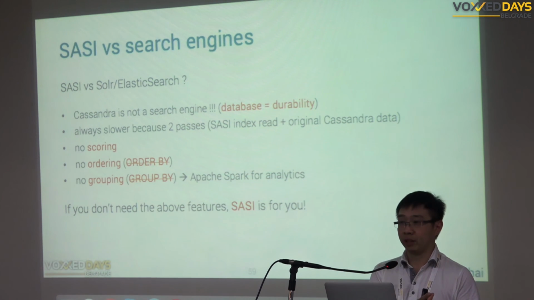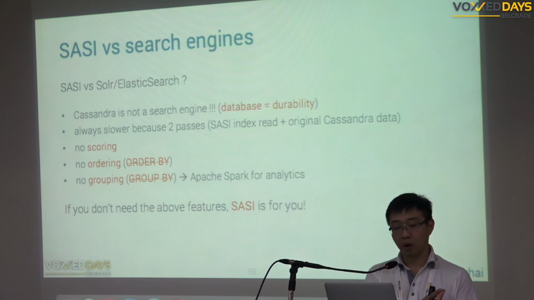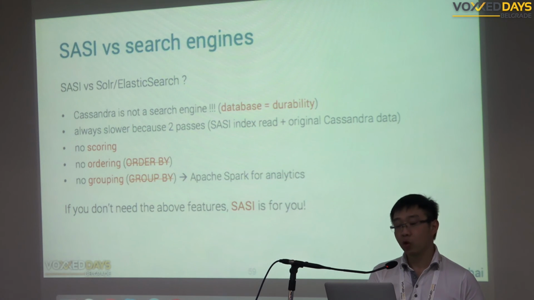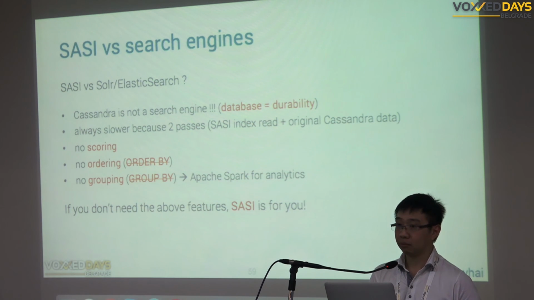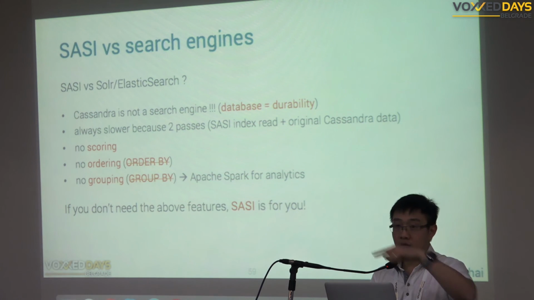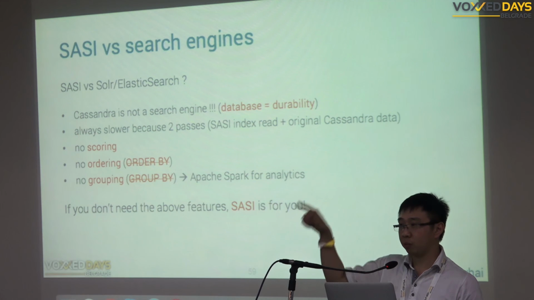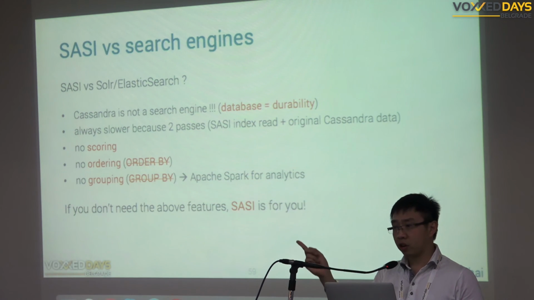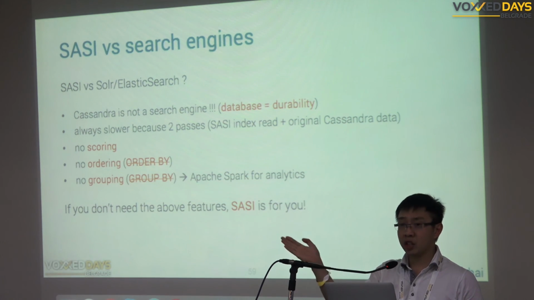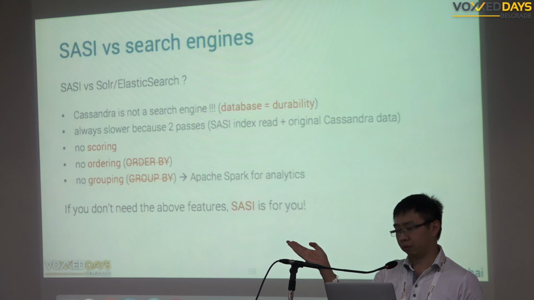You don't have scoring on your full text search. You don't have order by, and you don't have group by. The ordering is random. Remember the cluster, the algorithm to search on the cluster: the order is the hash value ordering.